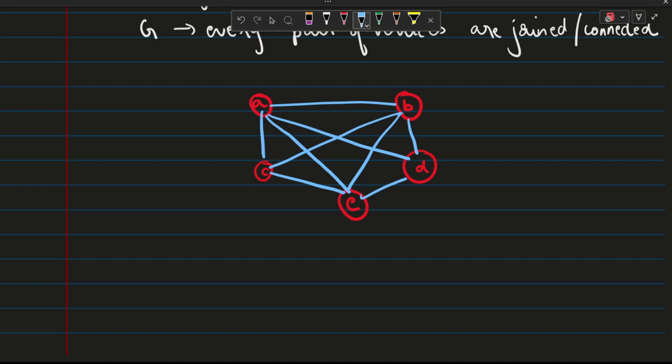For example, take B and E, B and D, D and A. Everything is connected, so it's a complete graph.